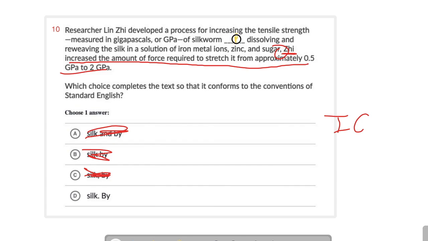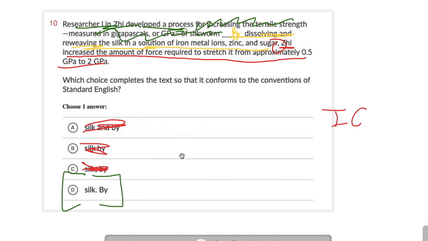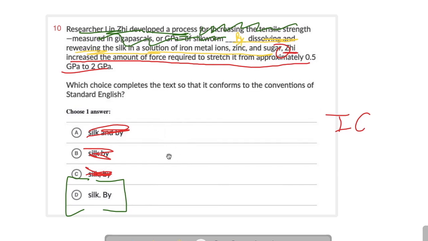So what we're going to have is this, and I might need to go back and fix this in my answer key because I might have put the wrong answer. So I will make sure to do that. Researcher Lynn Z developed a process, blah, blah, blah. That's not essential. This researcher developed a process. By doing this other stuff, she increased the amount. So our answer there is going to be D. 10 is D, not B.